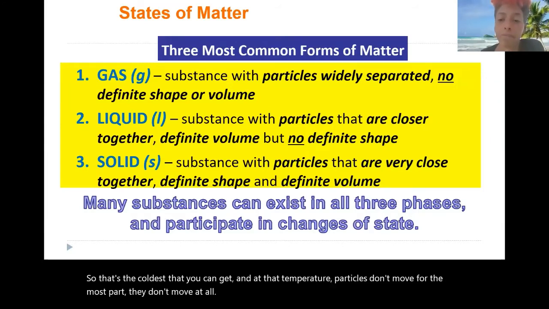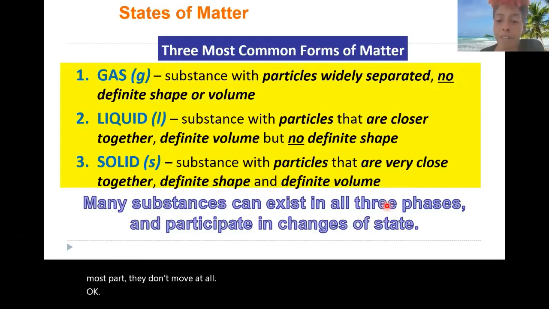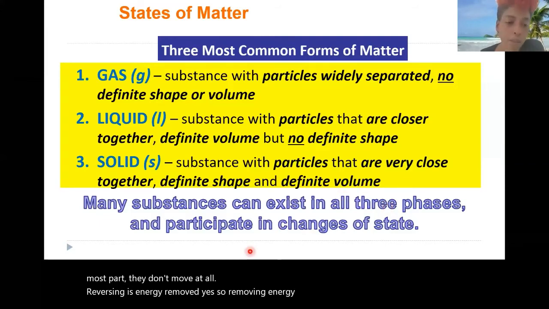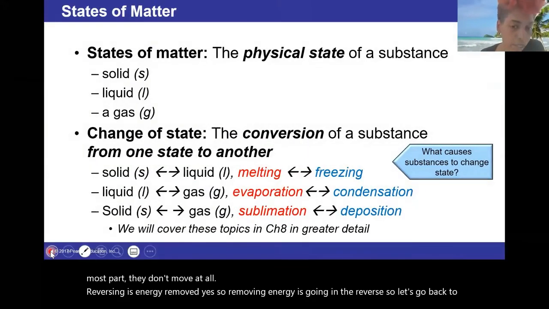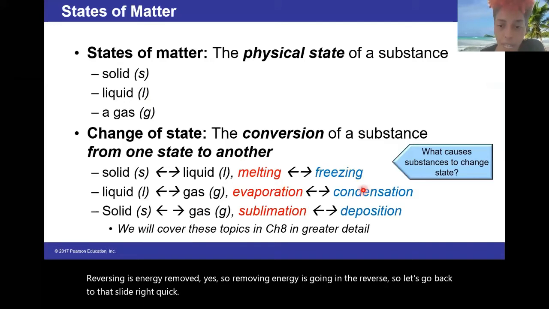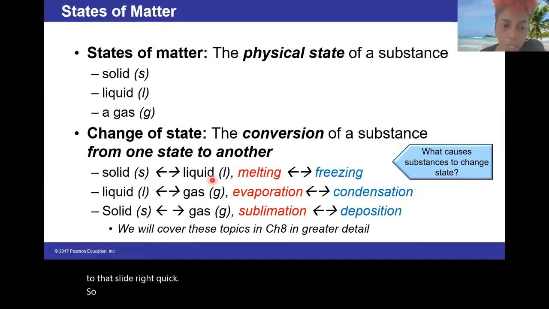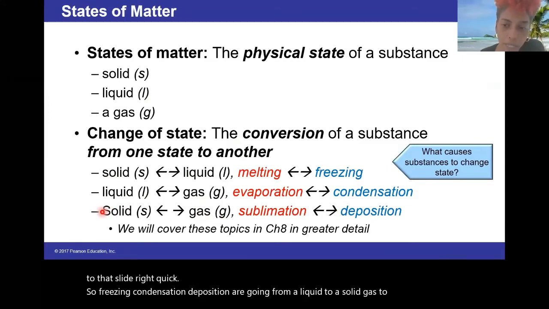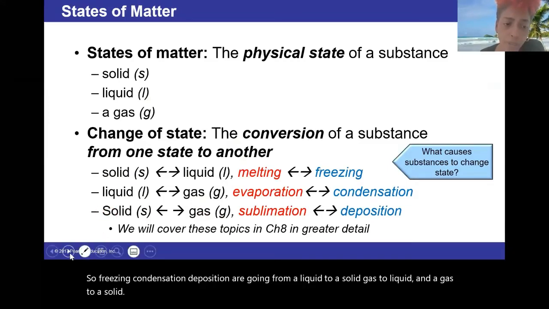Okay. So reversing is energy removed. Yes, so removing energy is going in the reverse. So let's go back to that slide right quick. So freezing, condensation, deposition are going from a liquid to a solid, a gas to a liquid, and a gas to a solid. All right, that would be the removal of energy.